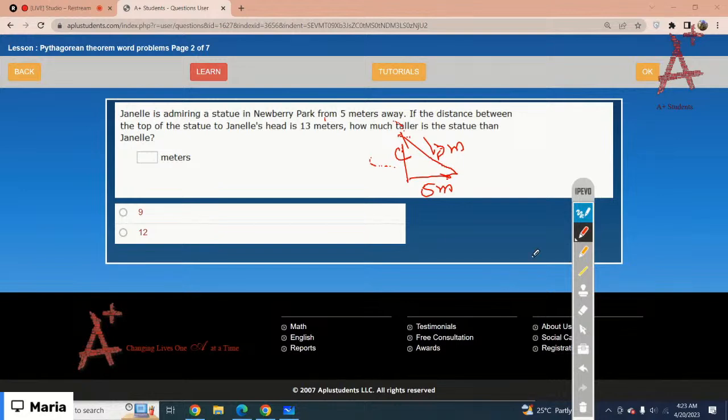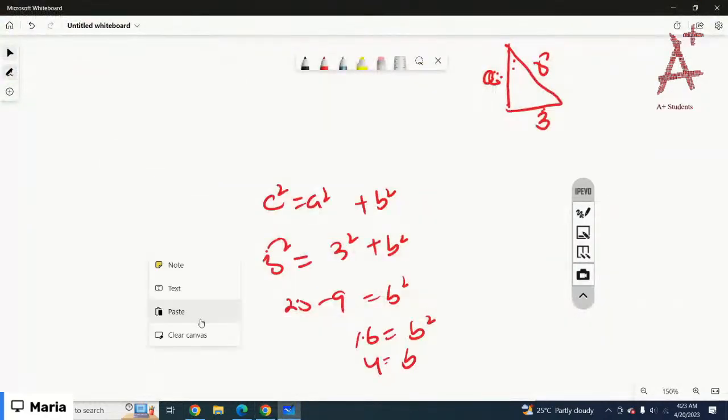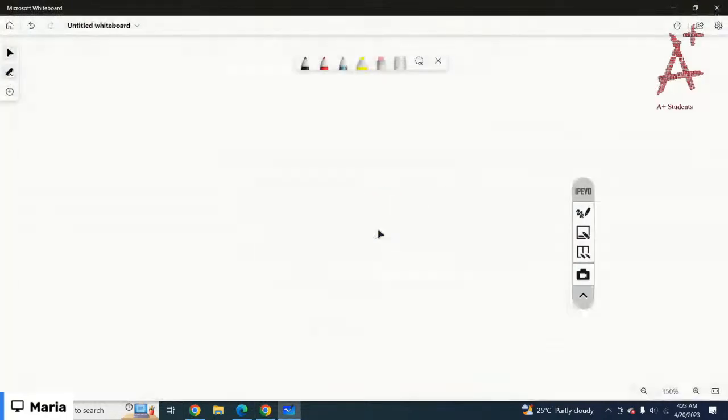So c square equals a square plus b square. c is 13, 13 square equals, I forgot the other side length, 5.